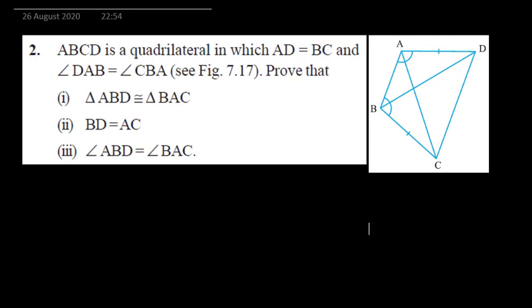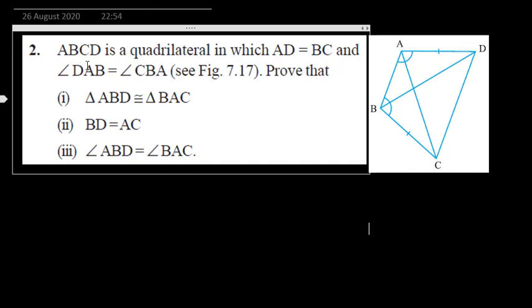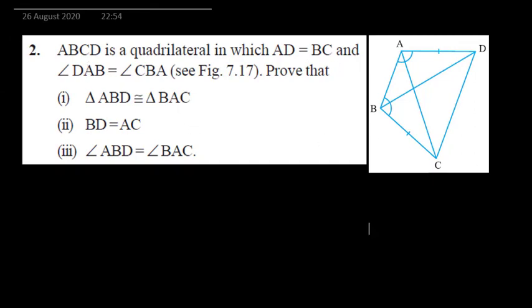Again here, ABCD is a given quadrilateral in which AD and BC, as you can see in the diagram, are equal. Angle DAB is equal to angle CBA.